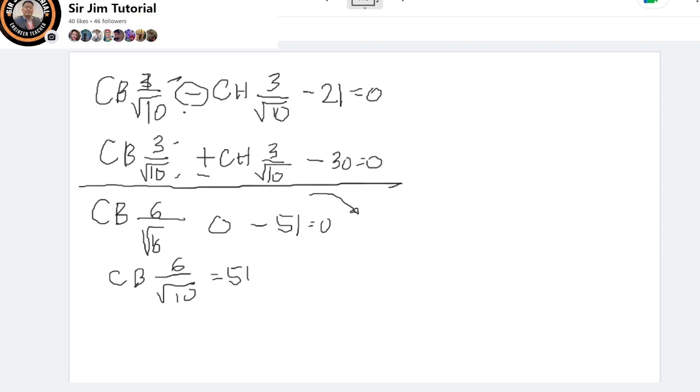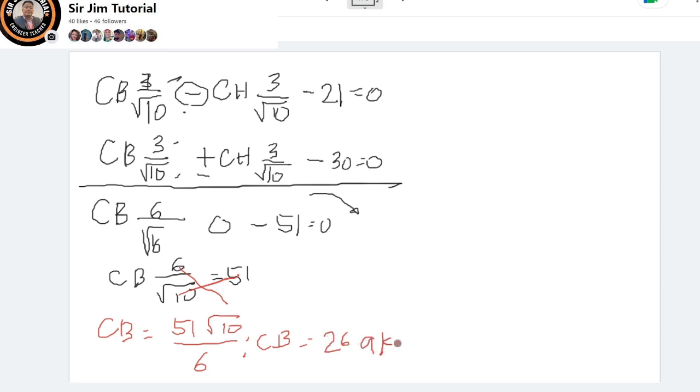Therefore, if you cross multiply, CB is equal to 51 times the square root of 10 all over 6. Therefore, CB is equal to 26.9.